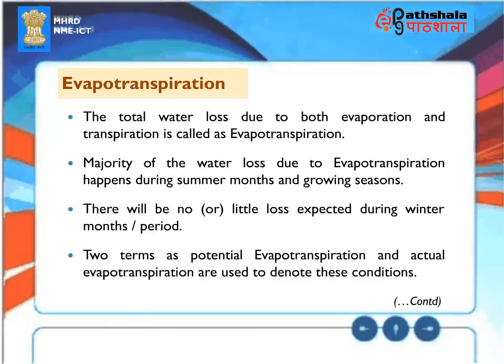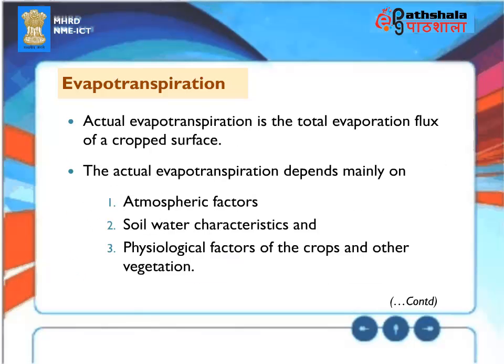Two terms, potential evapotranspiration and actual evapotranspiration, are used to denote these conditions. Actual evapotranspiration is the total evaporation flux of a cropped surface. The actual evapotranspiration depends mainly on atmospheric factors, soil water characteristics, and physiological factors of the crops and other vegetation.